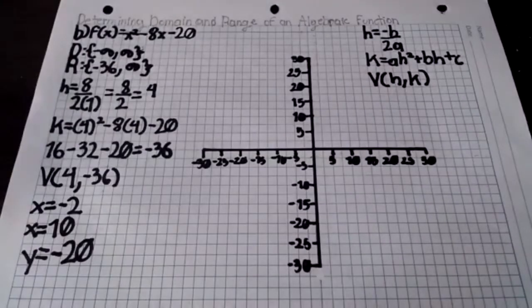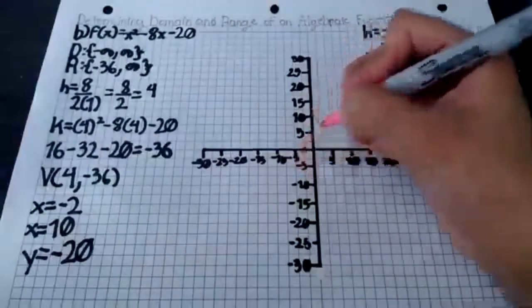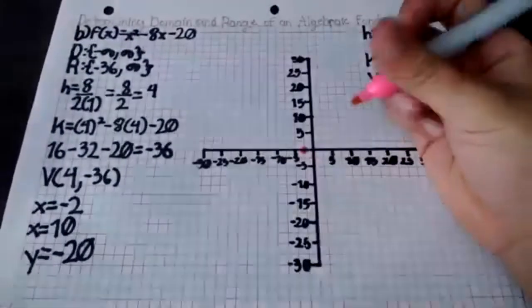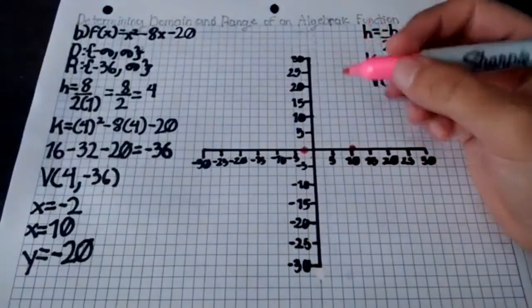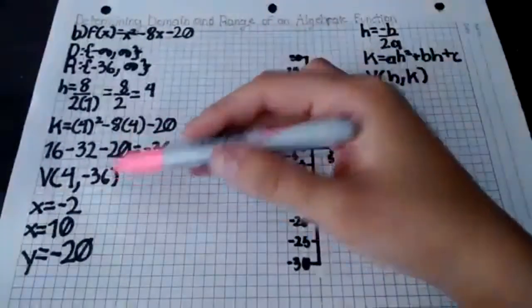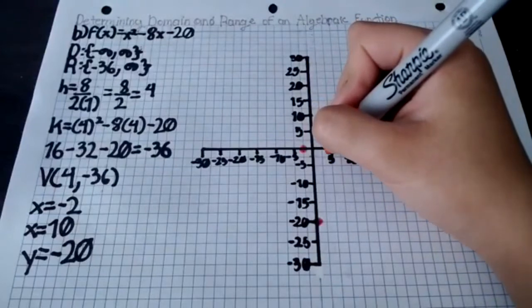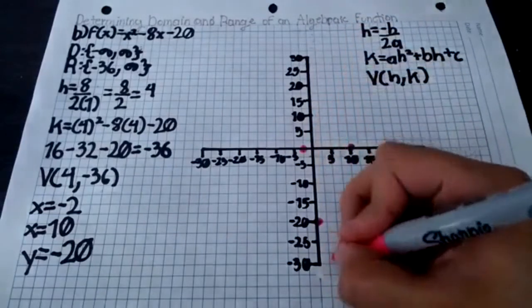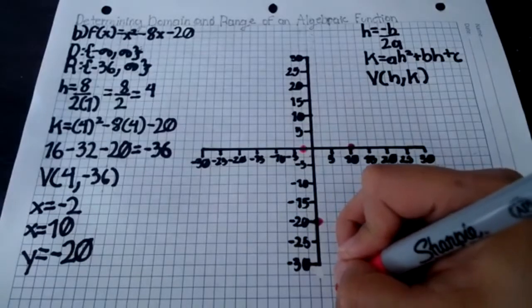Now I'm going to graph everything, and I'm going to put the x-intercepts first. So x equals negative 2, I'm going to put there, and then x equals 10. Then the y-intercept that is negative 20. And then this one, where x is 4 and y is negative 36, I think it's over here.